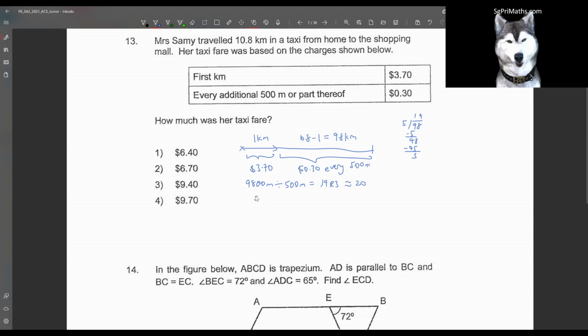So that means we need to have 30 cents multiplied by 20. That gives us $6. And $6 added on to the initial $3.70 will give us $9.70. Okay, let me erase the workings. So the answer will be 4.